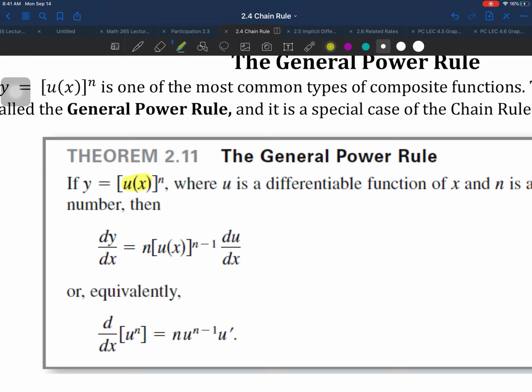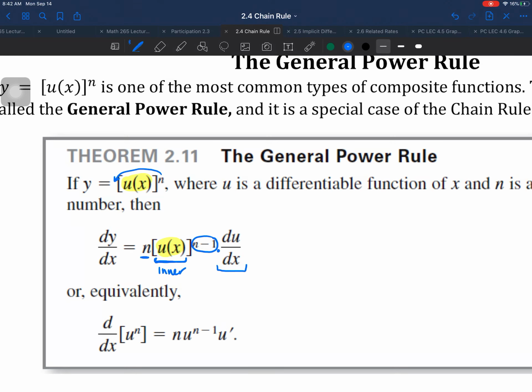So we have u of x, right? To take the derivative of this whole thing, we're going to take the power in front, just like we did before, and multiply the power by, instead of just x, the inside function. This is the inner function. Just multiply by the inner function, take away 1 from the power, and then multiply by the derivative of the inner.